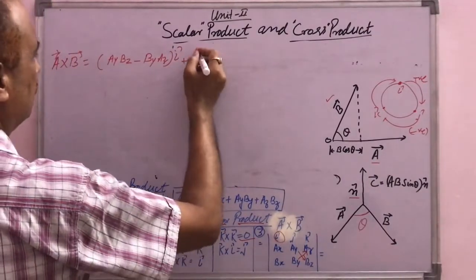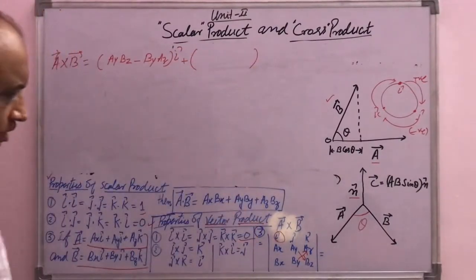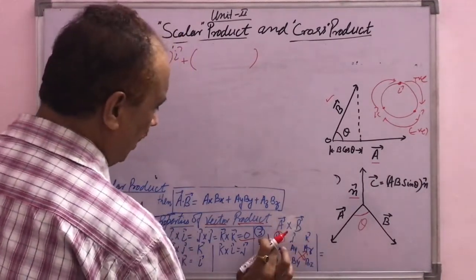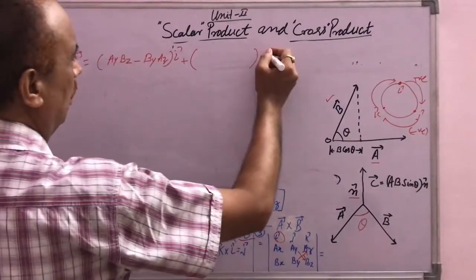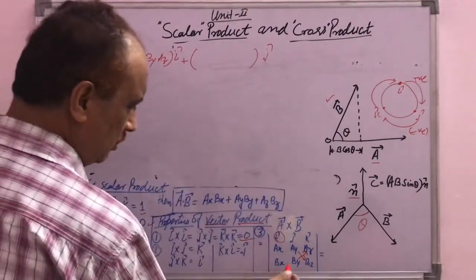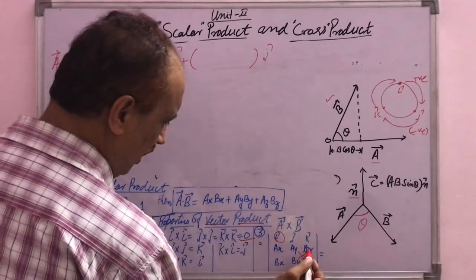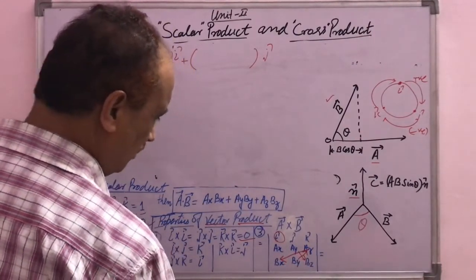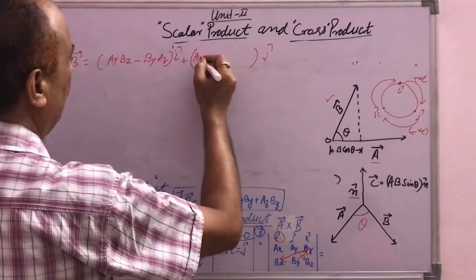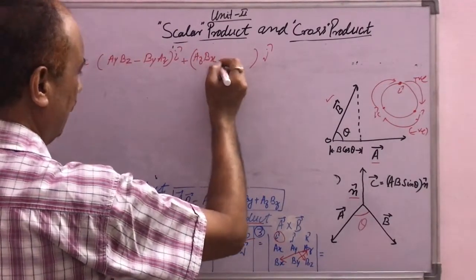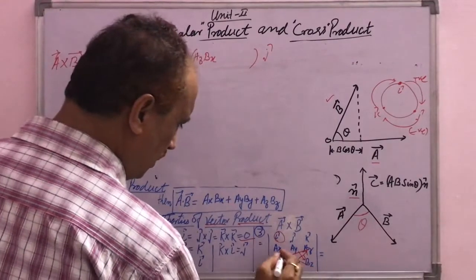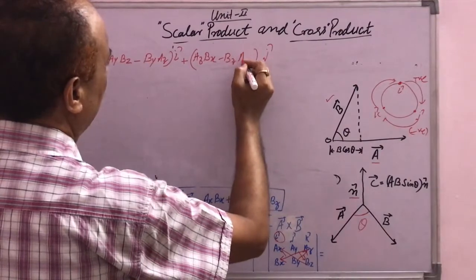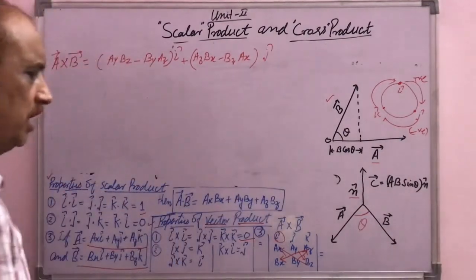Next, plus in the next bracket we have to write j outside of the bracket, and multiply like this: AZ BX minus BZ AX, into j unit vector.